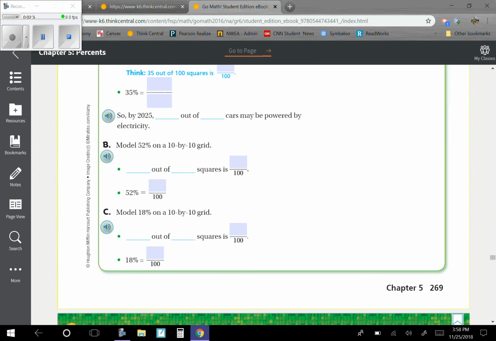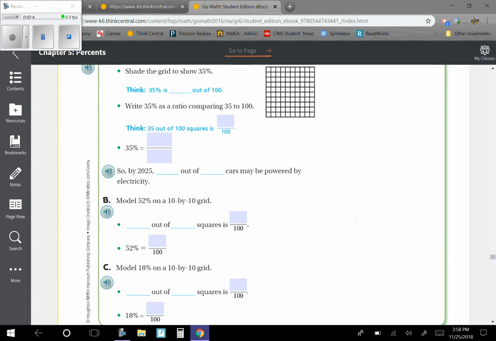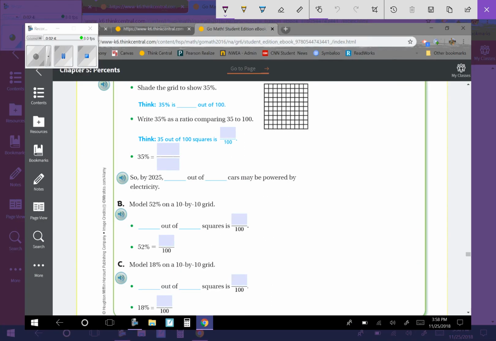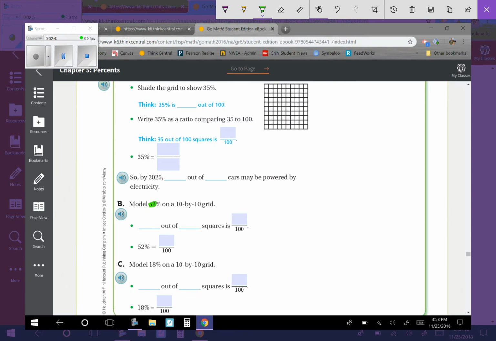Moving on to B, it says model 52% on a 10 by 10 grid. I am just going to use the same 10 by 10 grid so that you don't have to watch me draw it all out. I'm going to be modeling 52%, so I'm going to go 10, 20, 30, 40, 50, and then 2. So this would be 52.